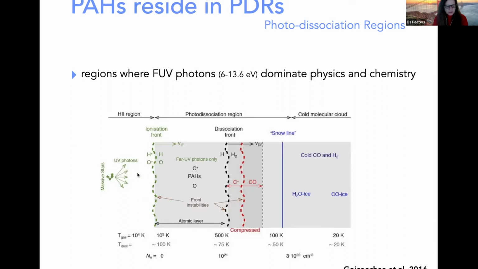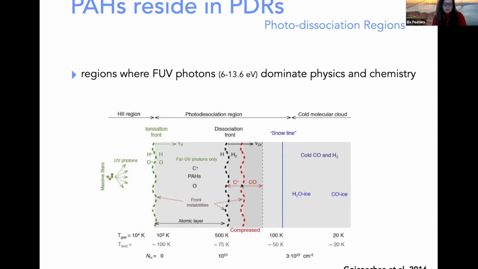But at some point, you cross the ionization front where hydrogen goes to neutral, and that's where your PDR basically starts, where you will find the PAHs, carbon plus, and oxygen. If you go somewhat deeper into the PDR, you can see that neutral hydrogen converts into molecular hydrogen. And then even deeper, your carbon plus on the surface layers will eventually convert into CO.